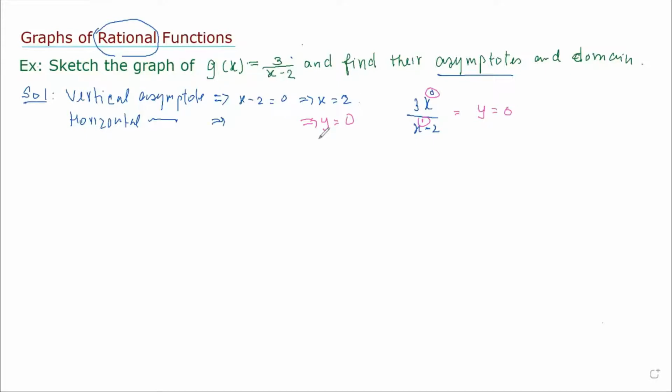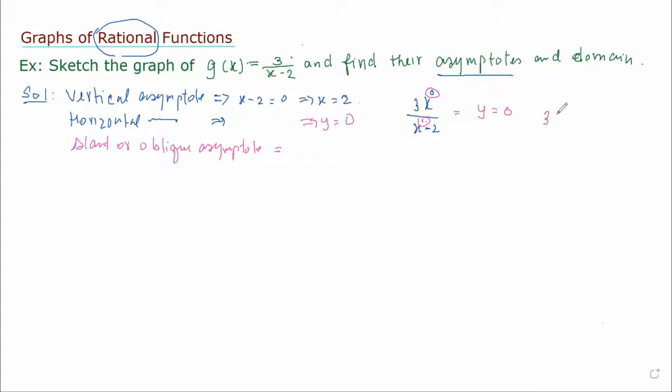Next, we get the slant or oblique asymptote. In this case, we don't have one. Why? Because for a slant asymptote, the degree on the top should be higher than the degree on the bottom by exactly one.